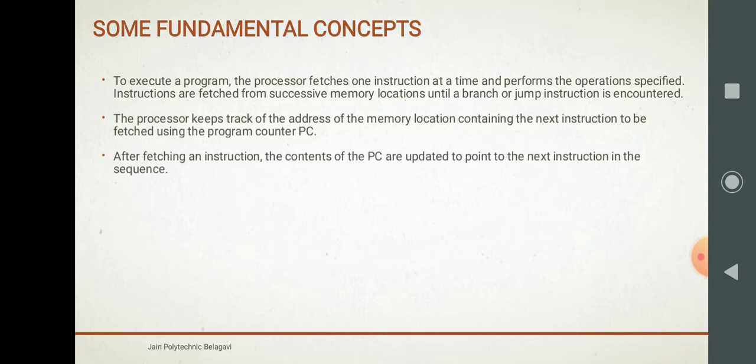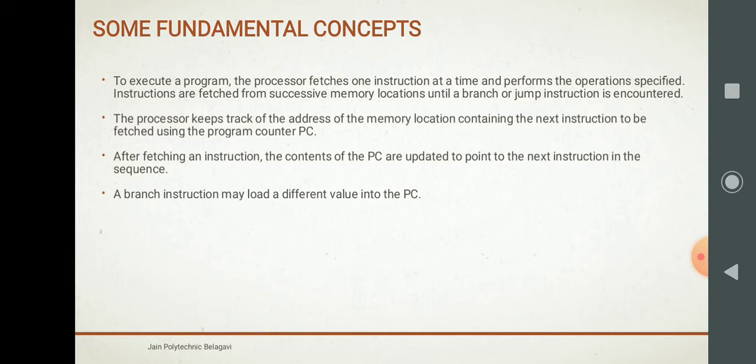After fetching an instruction, the contents of the PC are updated to point to the next instruction in the sequence. Suppose the first instruction is fetched; the program counter will now point to the second instruction, and it will get updated in the sequence.